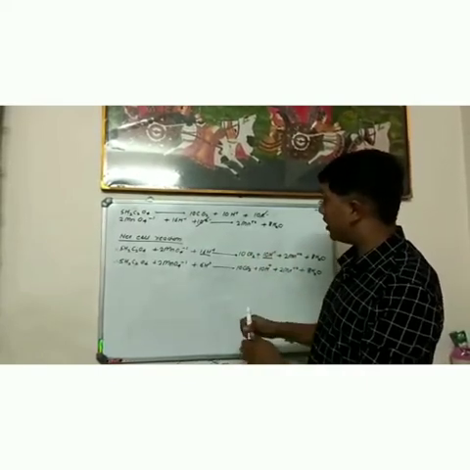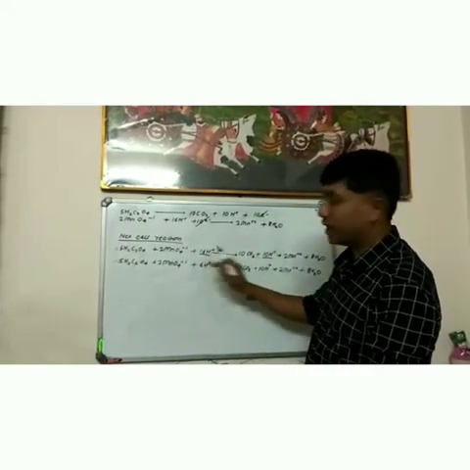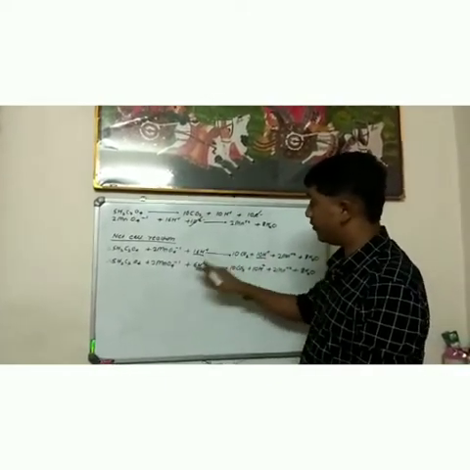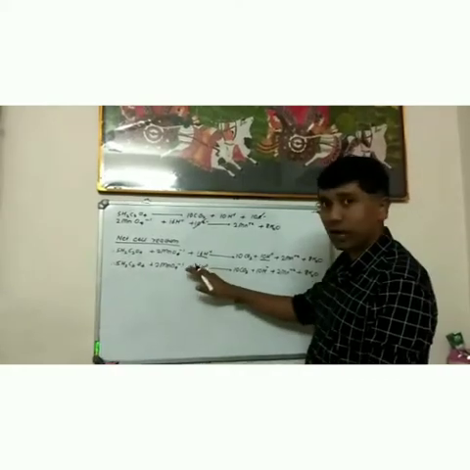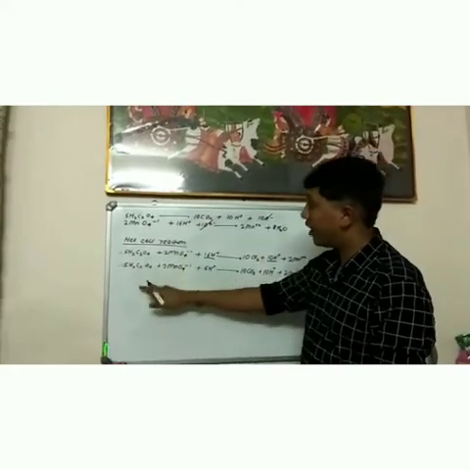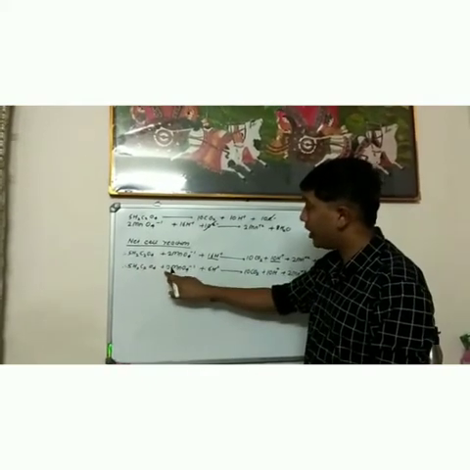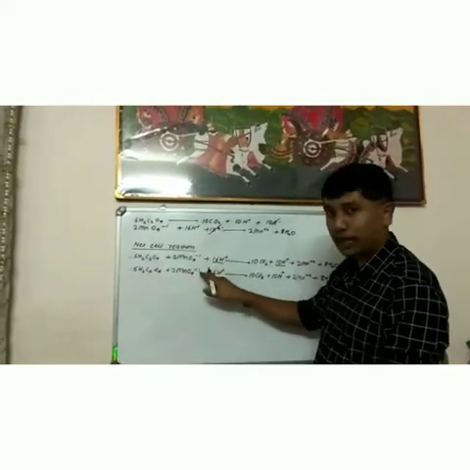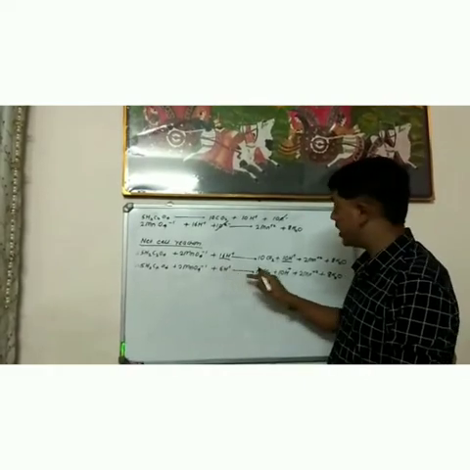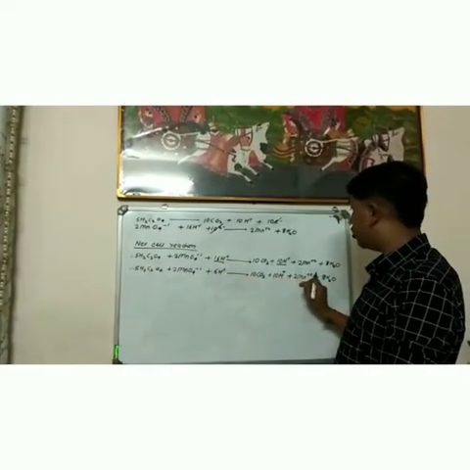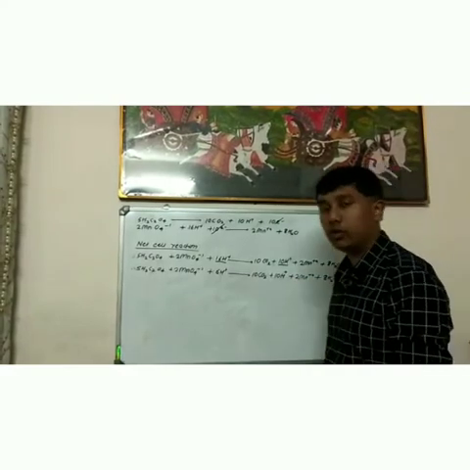Next, we can even cancel the 16 H plus ions and 10 H plus ions. This is the greater value, therefore 6 H plus ions will be left on the LHS. So the final net cell reaction will be 5 H2C2O4 plus 2 MnO4 minus 1 plus 6 H plus gives 10 CO2 plus 2 Mn plus 2 plus 8 H2O. Thank you.